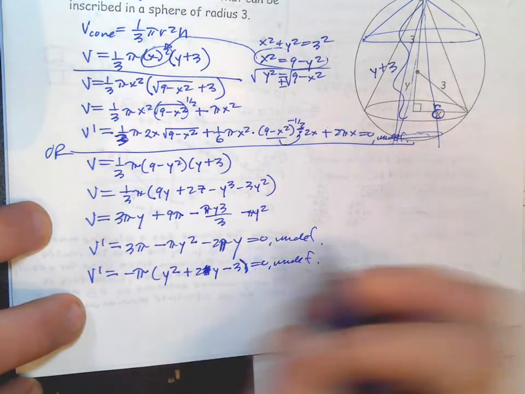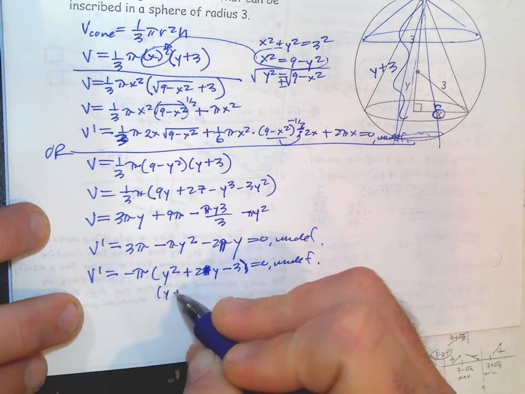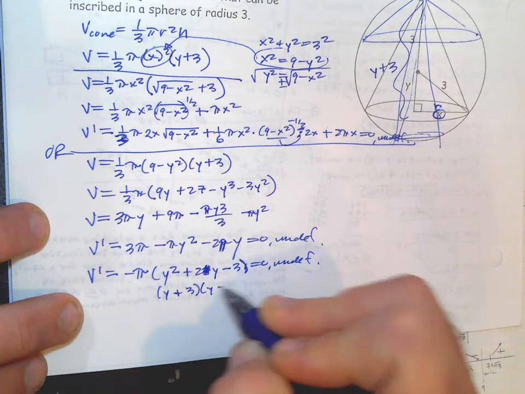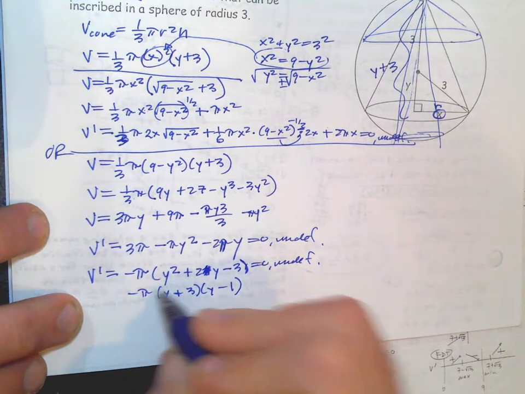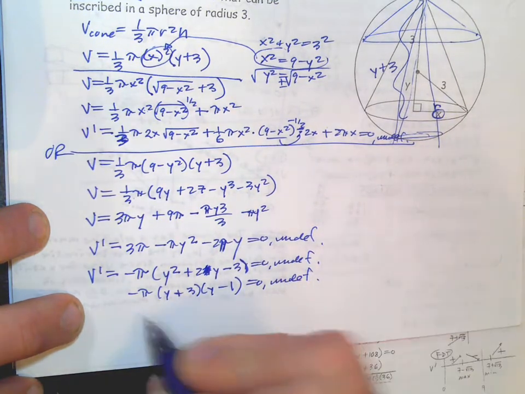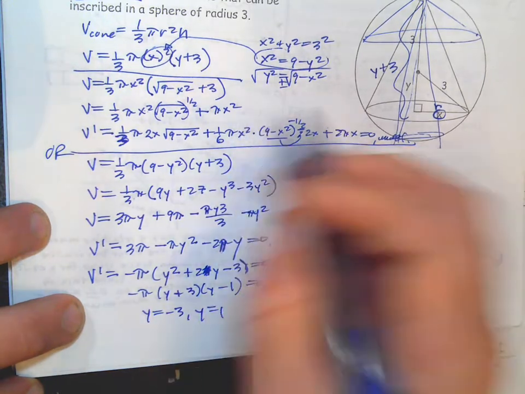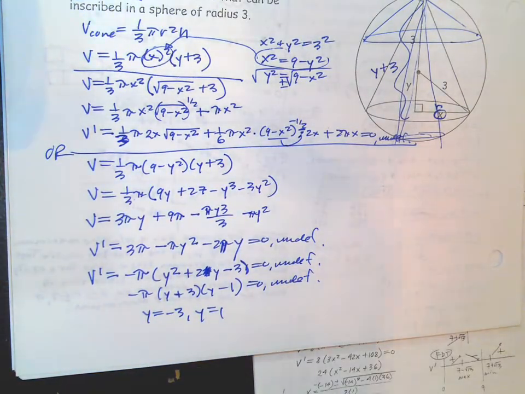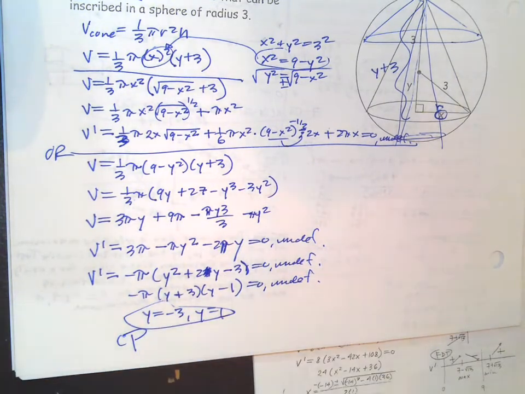Can I factor this? y plus 3, y minus 1. Yeah, I can factor that. You can do the quadratic formula too. So we're going to get y equals negative 3 and y equals 1. I don't even want to know what it would be with all those x's. This is way better. I bailed on the last one. So those are your critical points.